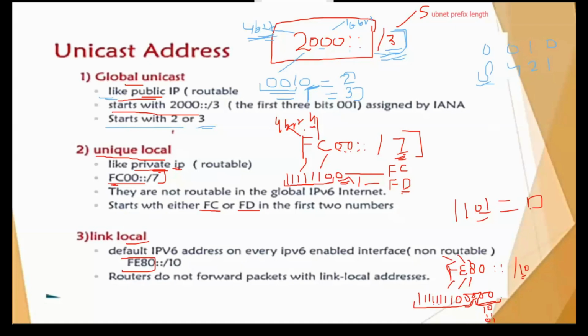And then when you convert, the first value was FE8, right? The second can be FE, and that value will be, if I put 1 here, just a minute, what I did.